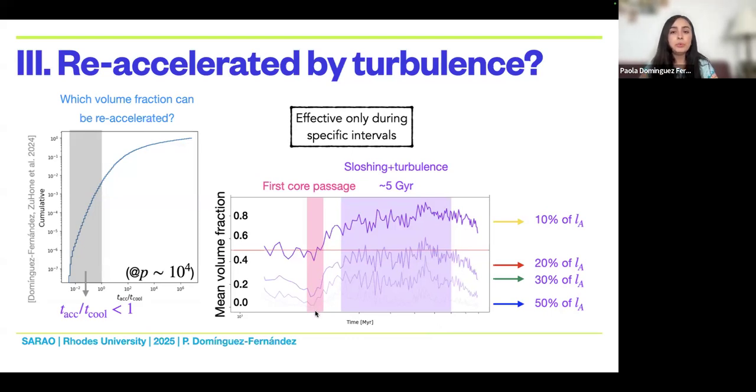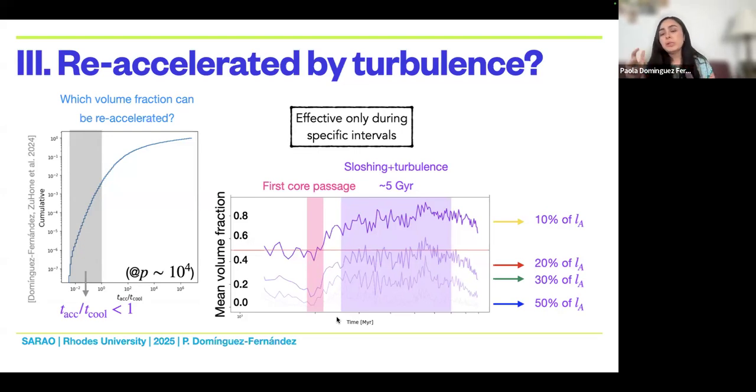So for example, if you look at this pink shaded region, here is a period of time where the first core passage is happening. Here you have a lot of bulk motions and shocks, but not really a lot of turbulence. So you can see that the mean volume fraction drops basically to 0, meaning that this mechanism will not be effective during those periods.